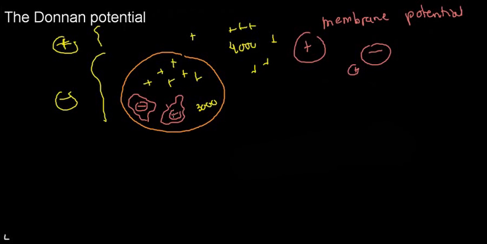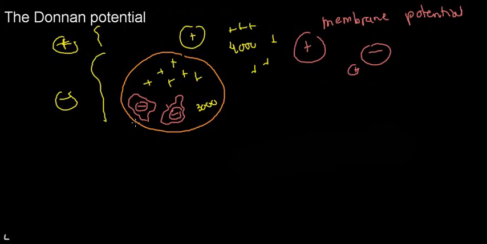What I'm doing here is actually adding negative charges inside the cells that cannot escape. So now these are effectively adding to the desire of these molecules to go in. Because before, these molecules wanted to go in, yes, but now there's even more negative charge, so they even want to go in more because the cell is even more negatively charged compared to its environment.